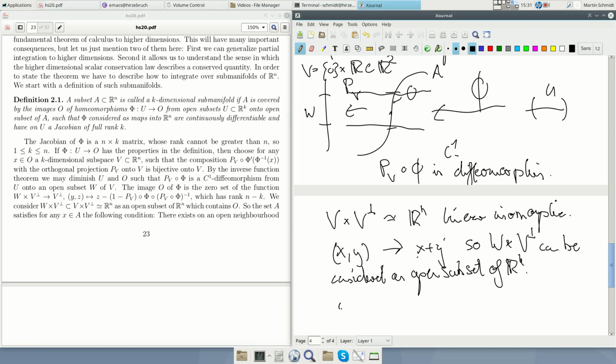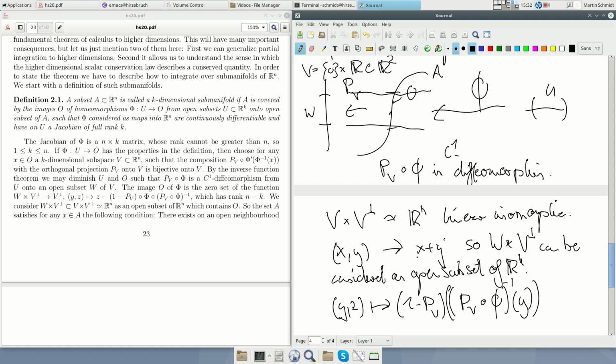So we consider the map which goes to 1 minus P_V applied to P_V phi inverse of y. Also y sits here in W. So now the composition is C1, so there exists an inverse map. So we obtain this U.